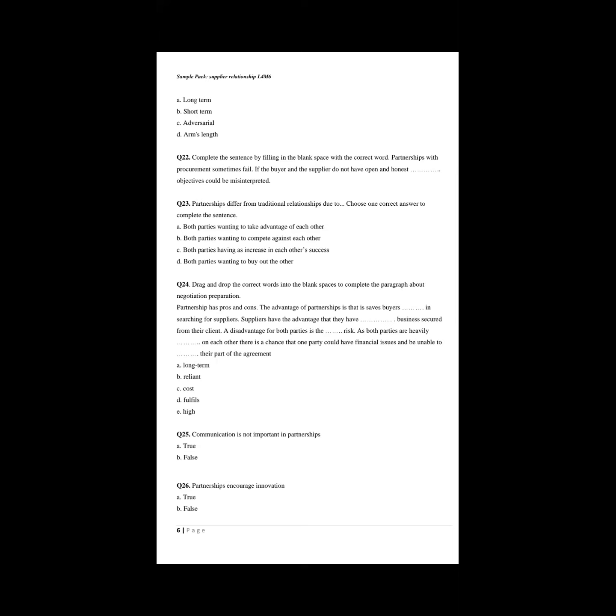That is where the investment comes in. But you won't do that in transactional supply. It's a high risk type of relationship. That's why you need to do proper due diligence before you go into a partnership type of relationship.